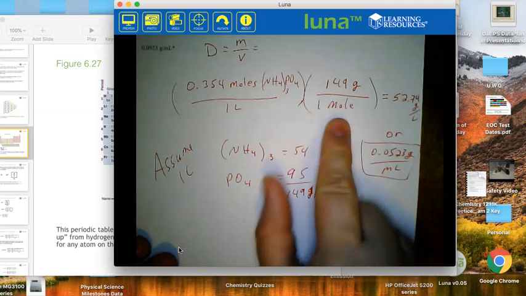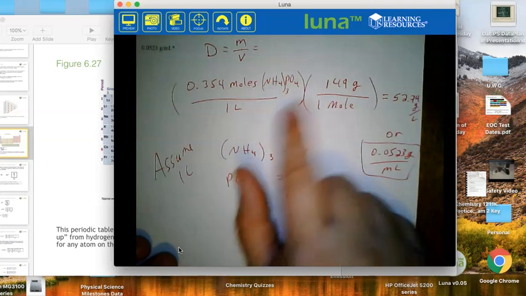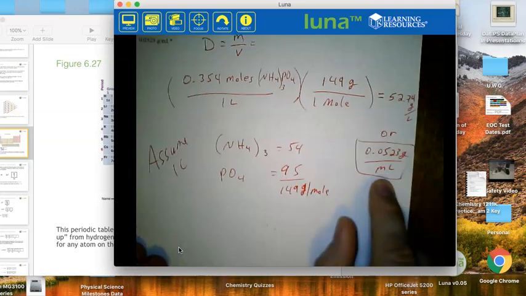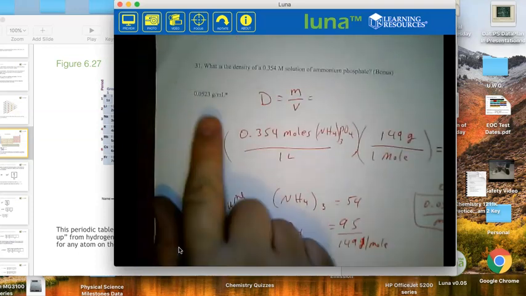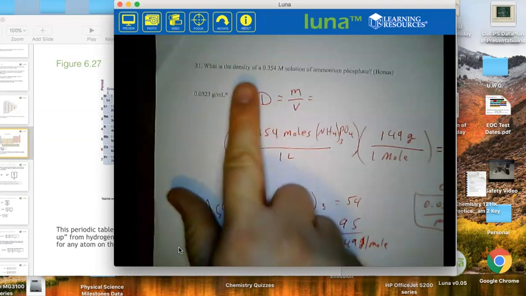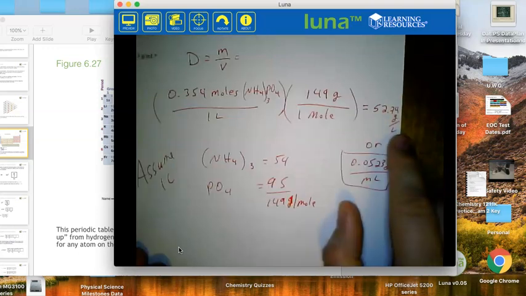So I multiply my molar mass times my molarity, and then my units left are grams per liter. If I convert that to grams per milliliter, I get my answer, which is 0.0523 grams per milliliter. Now, I didn't specify the units, so if this were the test and you wrote this down, that would be fine too.